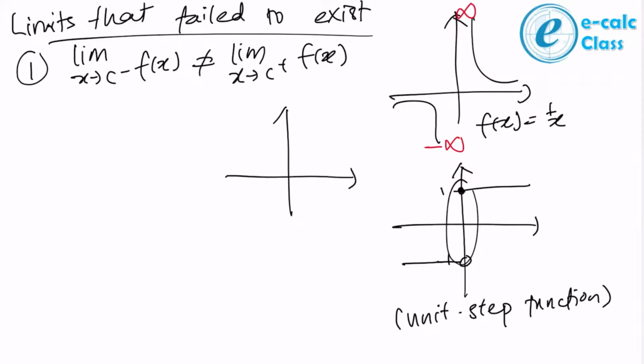Like I said earlier, I purposely define it as equal to some other value when x equals c, and this is also discontinuous. For these ones, the limits exist, but they are discontinuous. But for this one, the limit does not exist because the left-hand limit and right-hand limit are not the same.